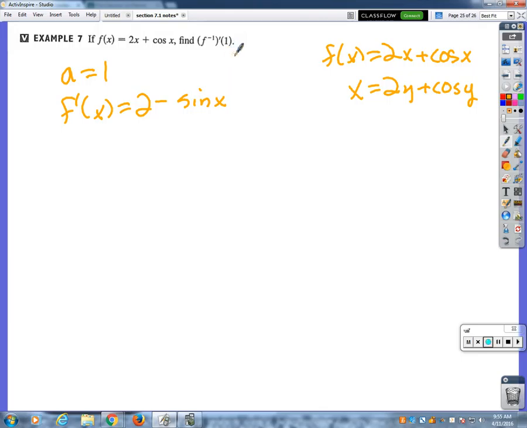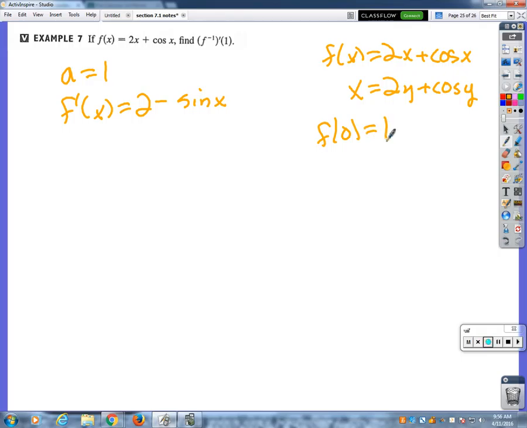So what you have to ask yourself is, what do you plug in here to get 1 as an answer? We want it to be 1, not negative 1. 0, good. f of 0 equals 1.